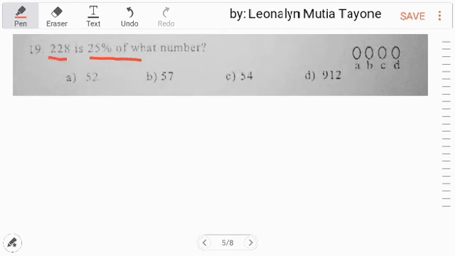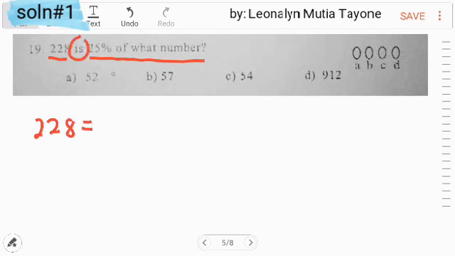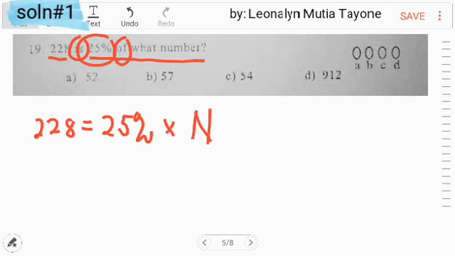Question number 19. 228 is 25% of what number? Again, let's do solution number 1. Kopyahin si 228 is equals yan siya. 25% of, multiplication yan siya. Let n be that number. Para ma-isolate itong si n dyan, itong si 25, since pang-multiply siya dyan, pang-divide siya dito.